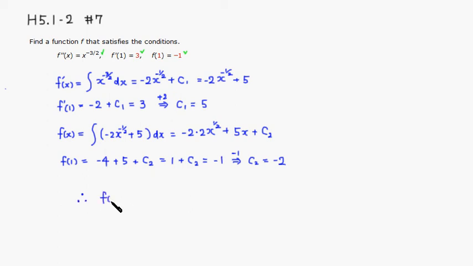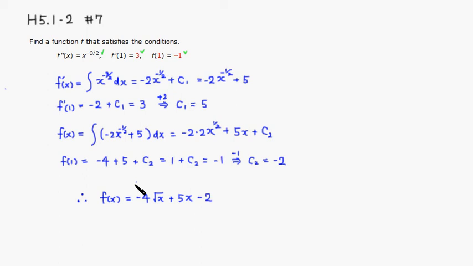So f of x is equal to negative 4. If you want, we can write x to the 1/2 power as the square root of x. Then you have a 5x, and c2 came out to be negative 2, so it's negative 2 here.